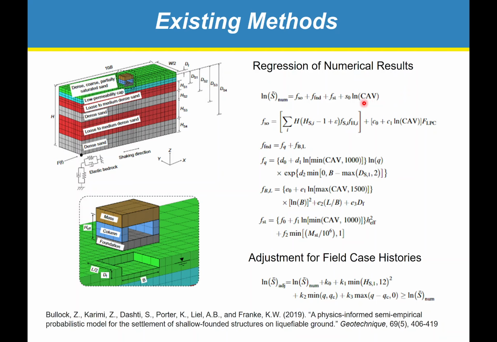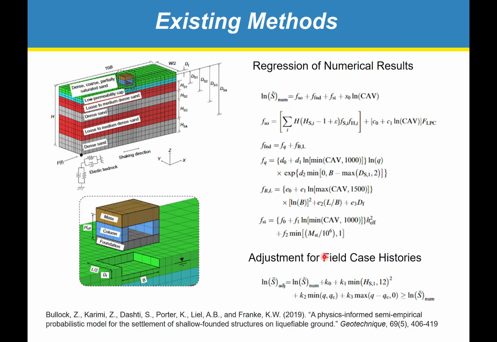And they're fairly complicated. They're using cumulative absolute velocity, which the Macedo and Bray equation also uses. There are benefits of using CAV because it integrates demand over time. So a long duration event will have a higher CAV for a given shaking intensity than a shorter duration event, which we know has an impact on liquefaction and structural settlement.